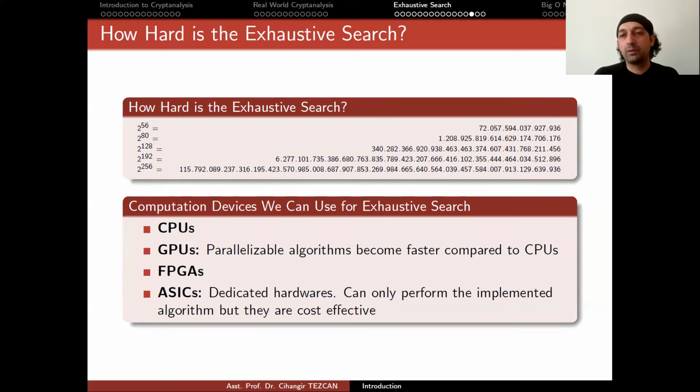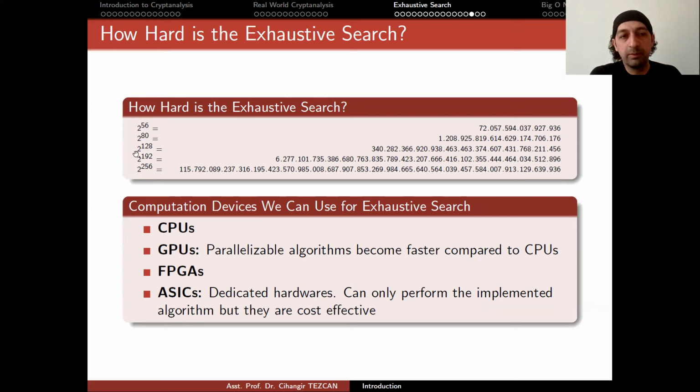So this means that with a few more GPUs, a few more people, you can break this in a few hours with GPUs that you can buy for gaming. And in the case of PRESENT, you will require millions of gamers to get together and work a lot, but still it can be done. So this is the reason I never encourage people to use keys shorter than 128 bits.